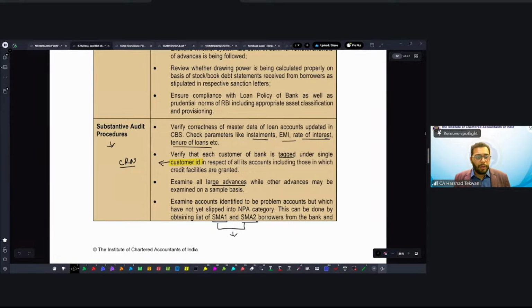Do you know what CRR and SLR are? If you have read the chapter, you will be aware of that. What is SLR and CRR? Anyone? Cash reserve ratio, yeah, and statutory liquidity ratio.